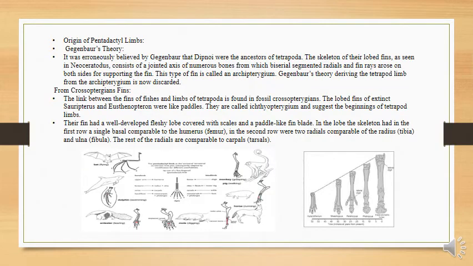Origin of pentadactyl limbs. Gegenbaur's theory. It was erroneously believed by Gegenbaur that dipnoi were the ancestors of tetrapoda. The skeleton of their lobed fin, as seen in Neoceratodus, consists of a jointed axis of numerous bones from which biserial segmented radials and fin rays arose on both sides for supporting the fin.